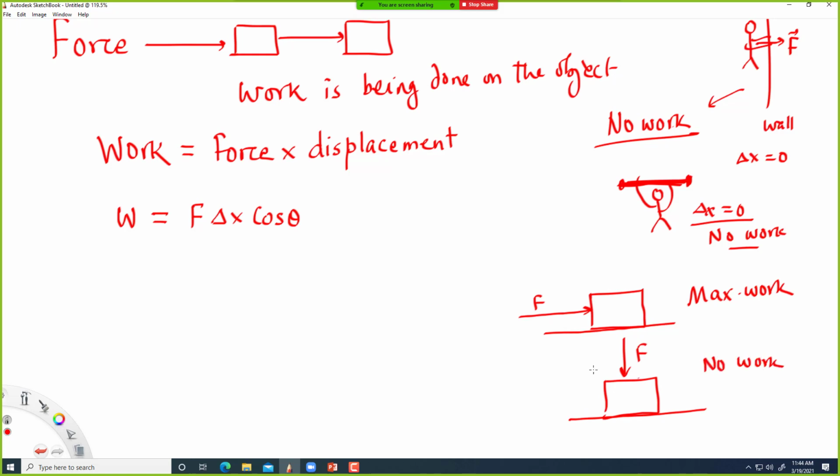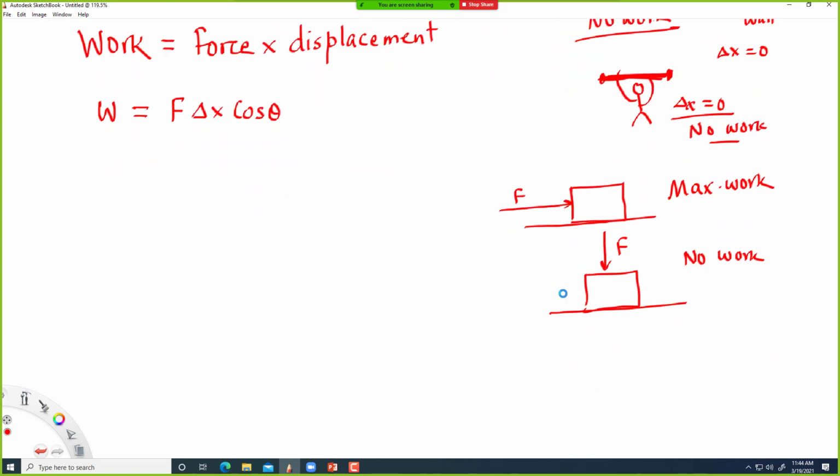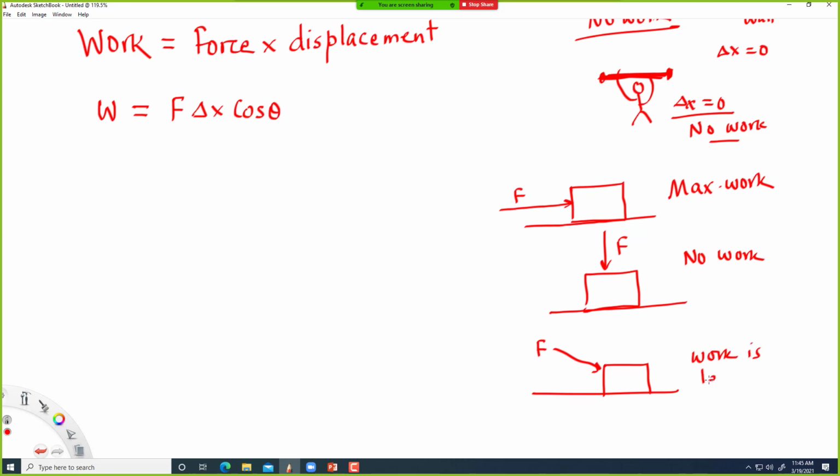Whether you do work or not depends on how you apply the force. So it depends on the angle. If you apply force at some angle, then the work you get would be less than the work you get here. So this gives you maximum work, whereas this gives you less work and this gives you no work. So work depends on how you apply the force.